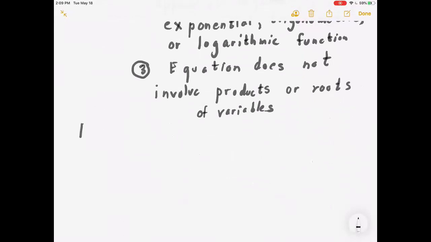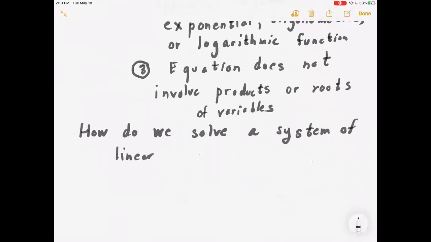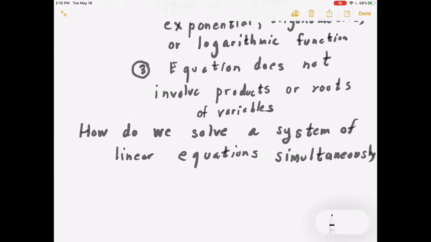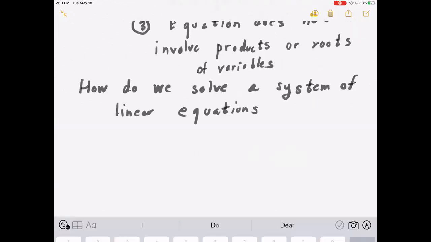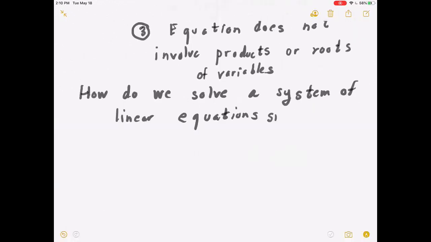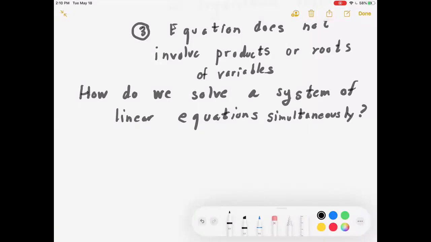So, how do we solve a system of linear equations simultaneously? So that's the central task at hand.